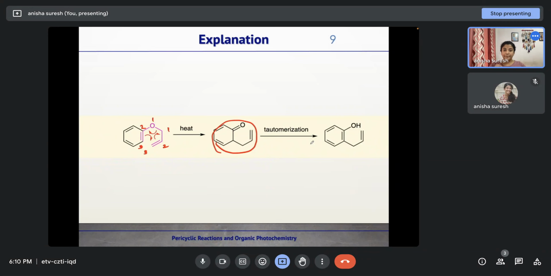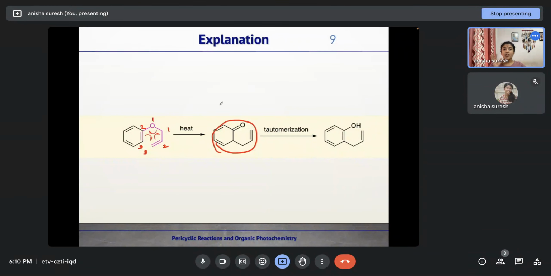But here, since this was an aromatic system, and after the 3,3 sigmatropic rearrangement the aromaticity of the product is lost, it will try to regain the aromaticity. Because of that, here the ketone is less stable compared to the enol.